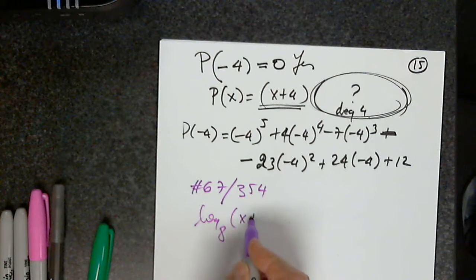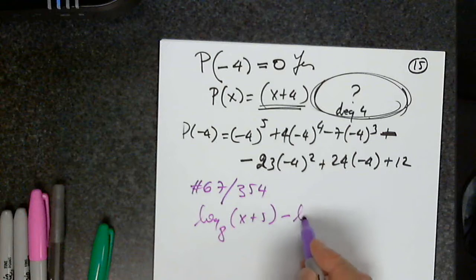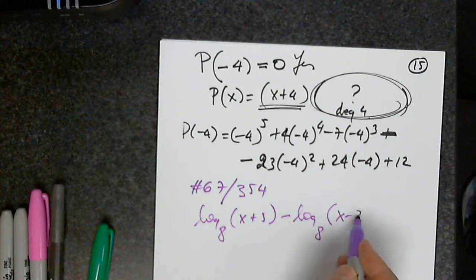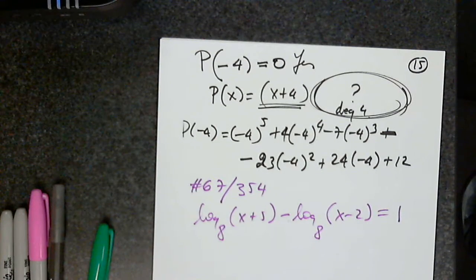Log base 8 of x plus 5 minus log base 8 of x minus 2 equals 1. We want to work on this equation. What do we have to do first?